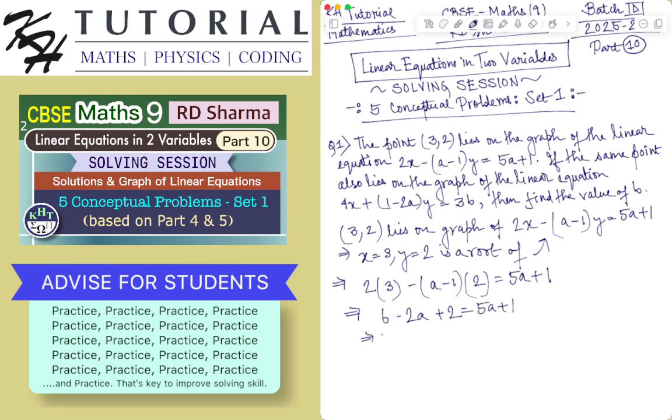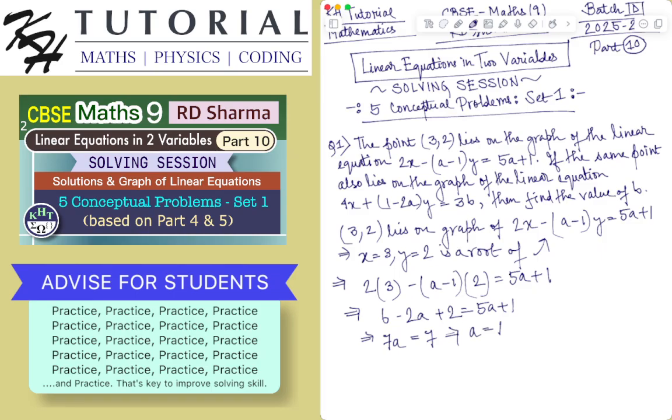So this implies 7a, bringing all the a terms to the right hand side and all the constants to the left hand side, we have 7a equals 7. Let me check once again. Yes, this is 7. So this implies that a is equal to 1. So the value of a is equal to 1.